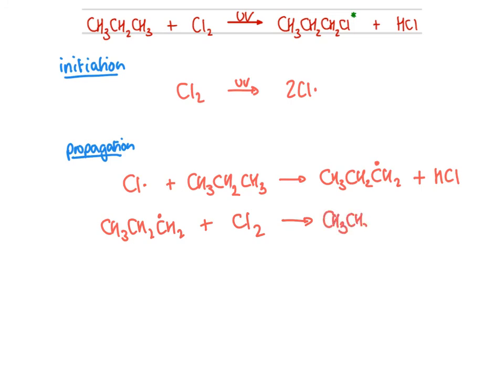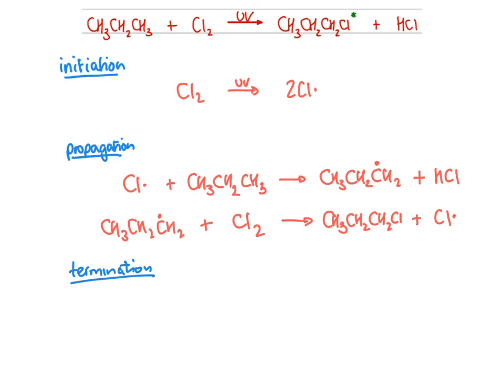Okay, and that's why we then get our 1-chloropropane, and our free radical is regenerated. If I was to add those 2 propagation reactions together, I would get that overall reaction at the very top of the slide.